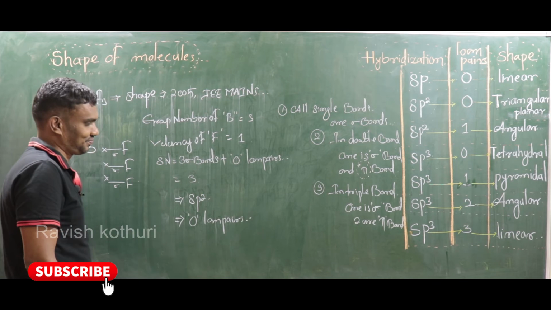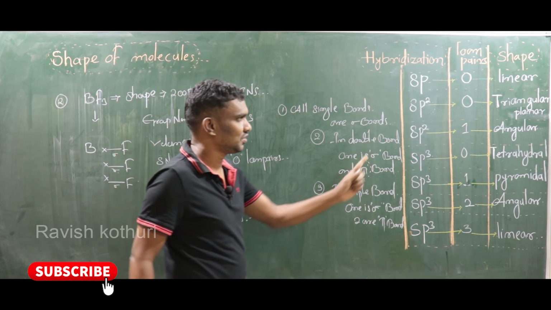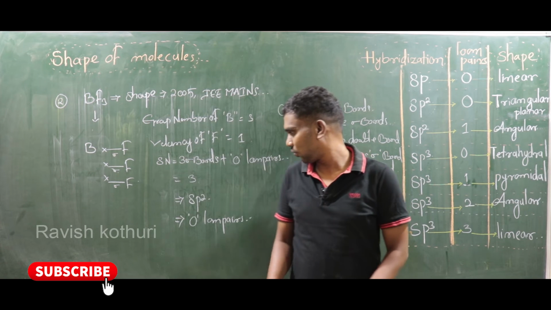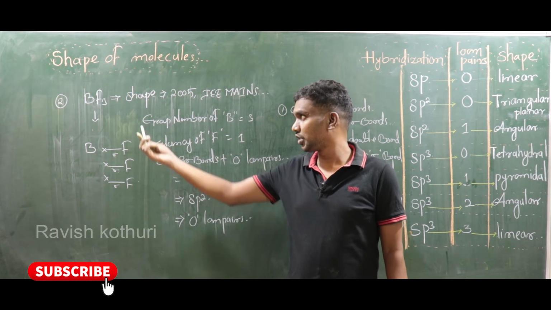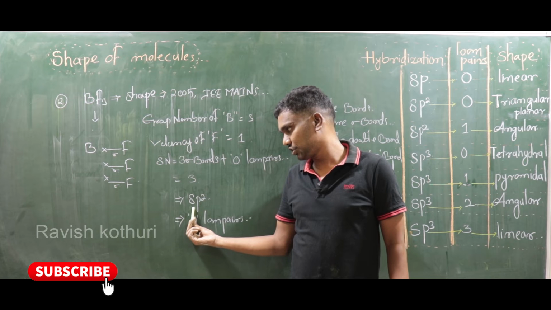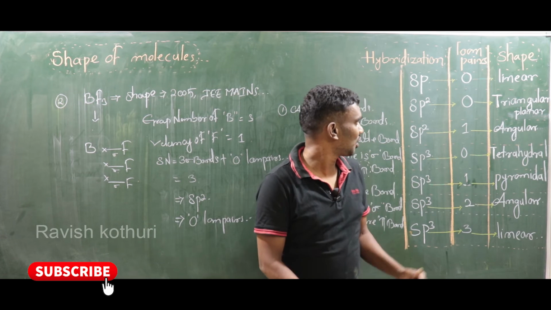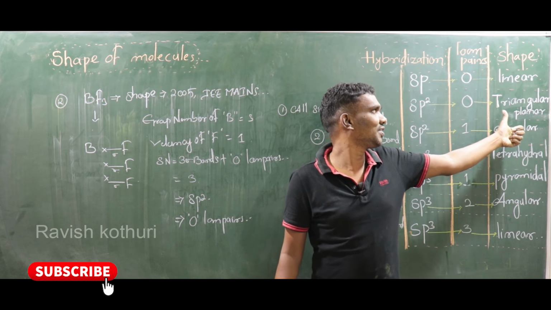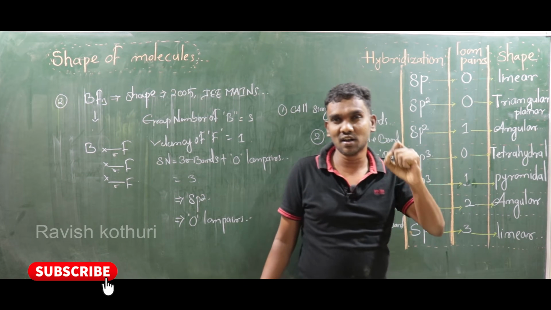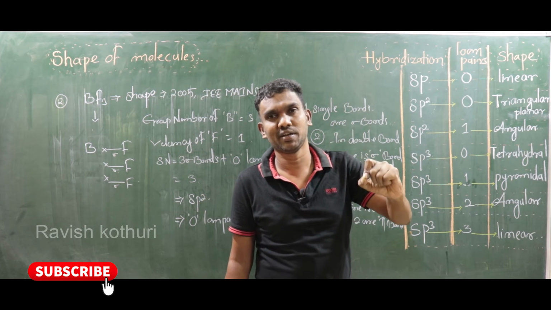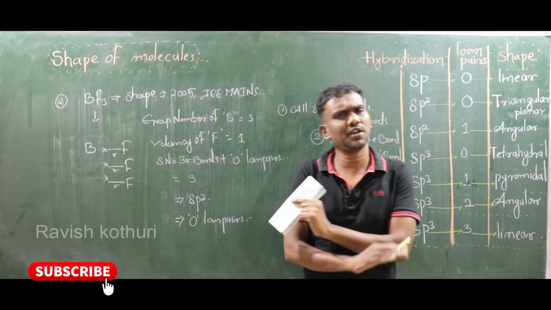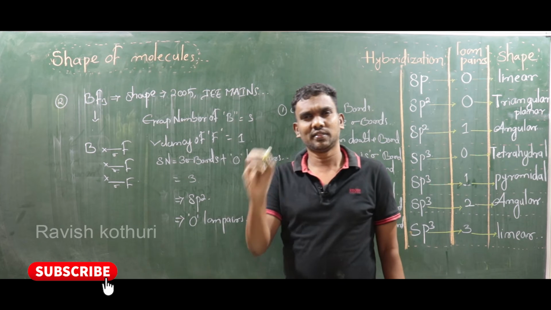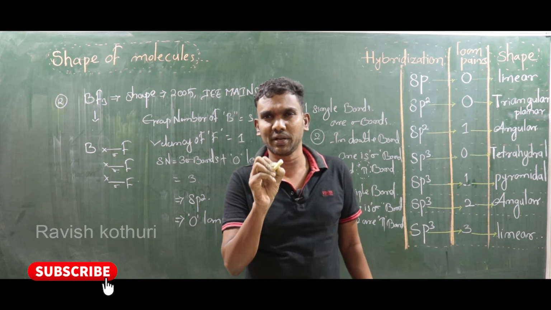Now hold on. What is the importance of this table? Observe carefully here. What is the shape of BF3? Sp2 hybridization, zero lone pairs. So that is the reason triangular planar. Take any compound with sp2 hybridization and zero lone pairs, that shape is triangular planar.